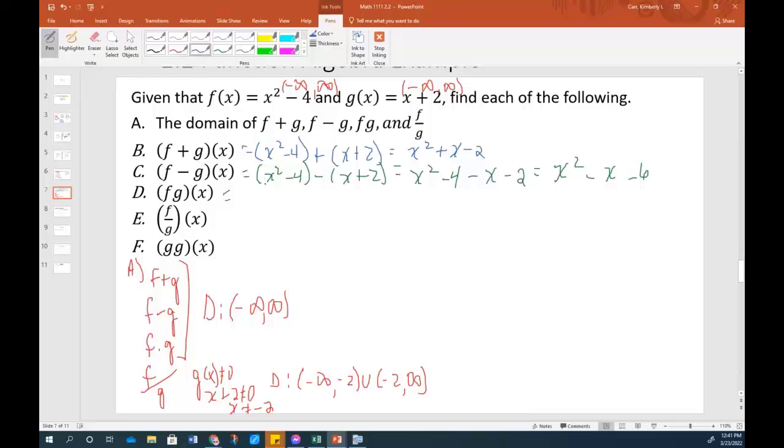f g of x means f of x times g of x. So I have x squared minus 4, and then I'm just going to FOIL that with x plus 2.